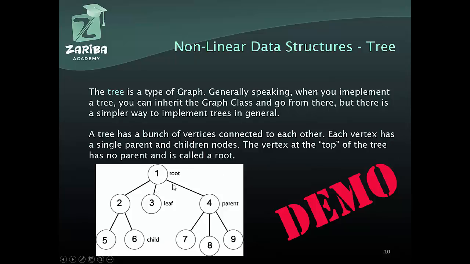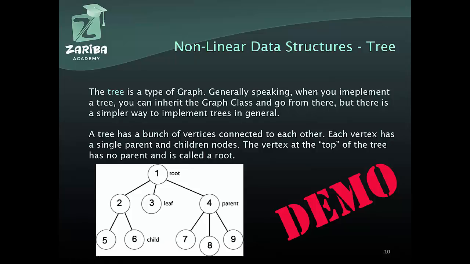So this one here is a root. This one, since it has no children, is called a leaf, and this one is a parent of these here. Okay, so I guess that's that for an explanation.